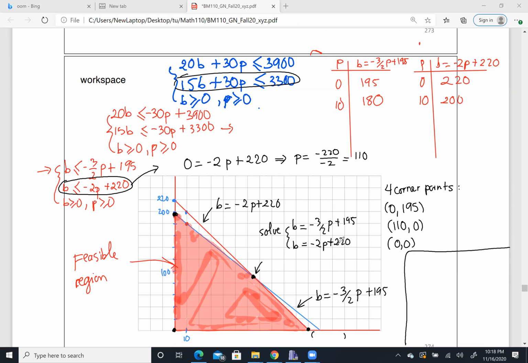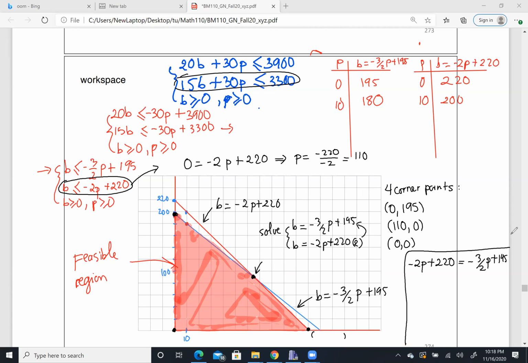I can substitute. I'm going to substitute the second one into the first one. So I have negative 2p plus 220 equal to negative 3 over 2 p plus 195, right?